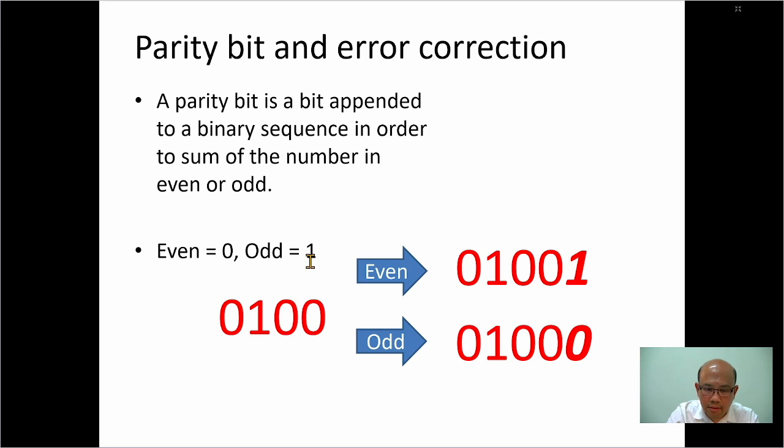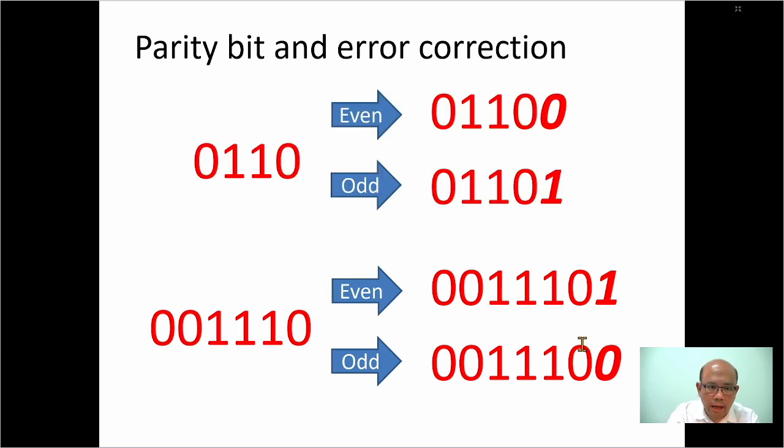I change it to the even form by adding 1 at the end. This will be 0 1 0 0 1. This is not an addition, we call it appending. And for 0 1 0 0, which is odd, if I want to keep it odd, I append 0 here.